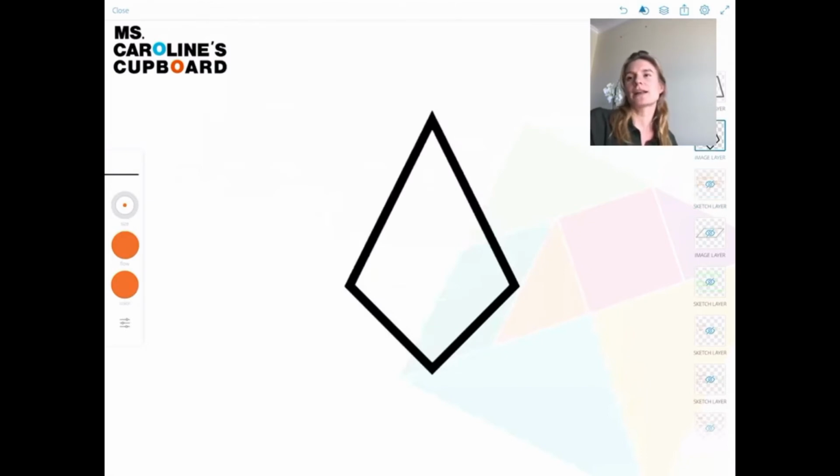Okay, what's this one? It's shaped like it, isn't it? Well, it's upside down. An upside down kite. A kite. So let's look at the features of a kite. What can you see that's special about this? These two sides are the same, and then the top two sides are the same. So we call those adjacent sides.